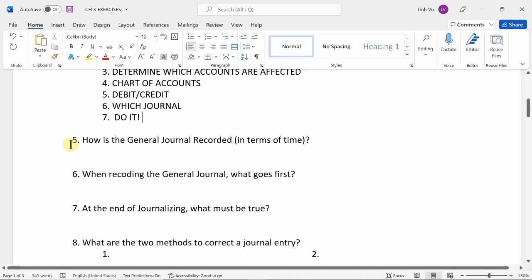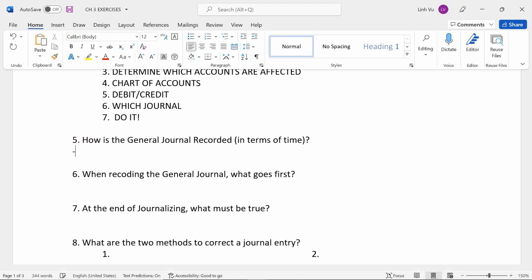Number 5, how is the general journal recorded in terms of time? Chronologically. Yep, chronologically. It must be recorded in order by date. It must be in respect to the time and date.